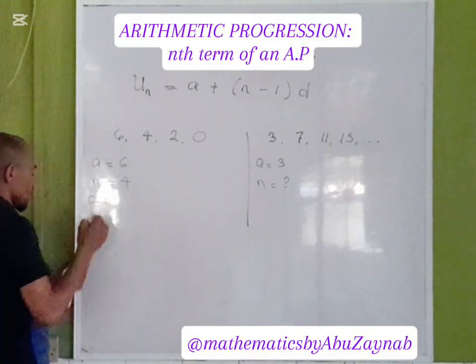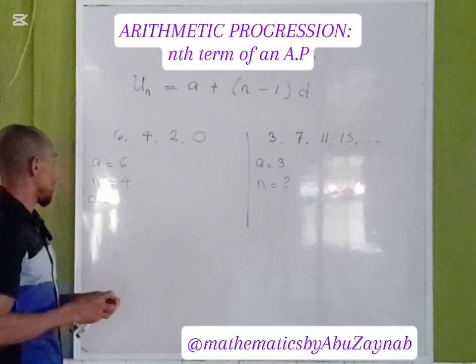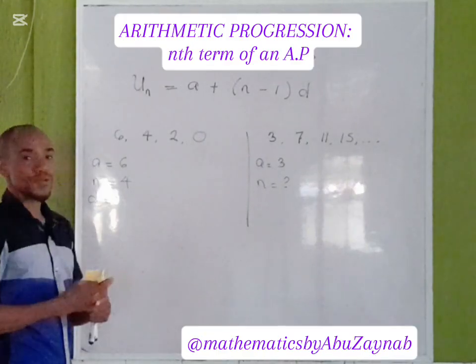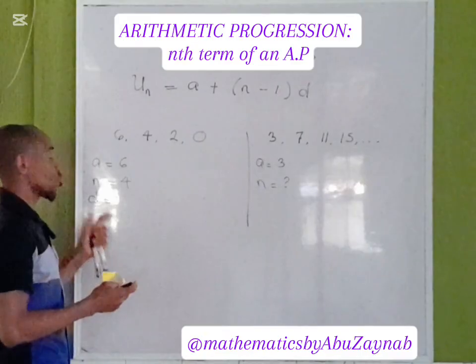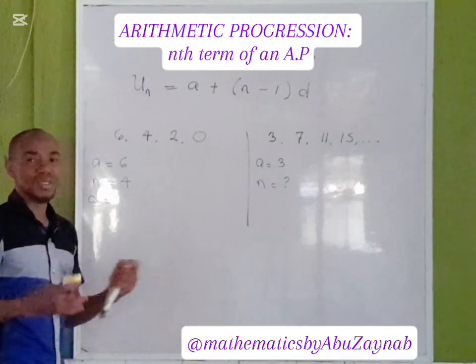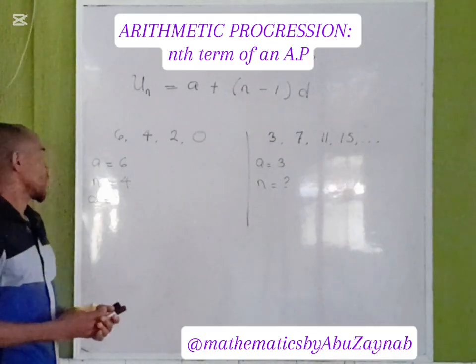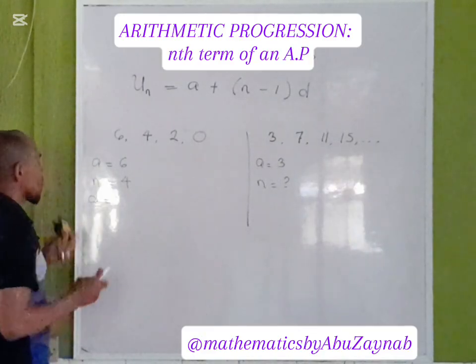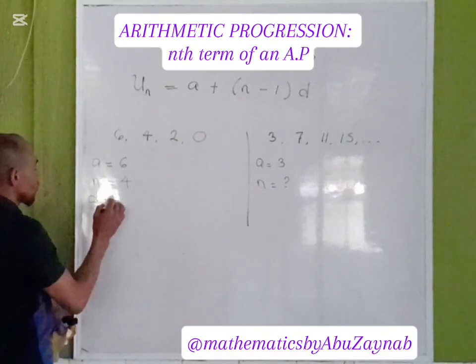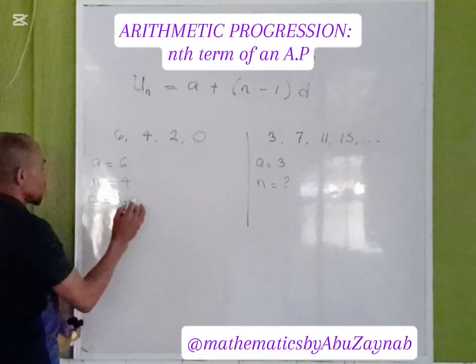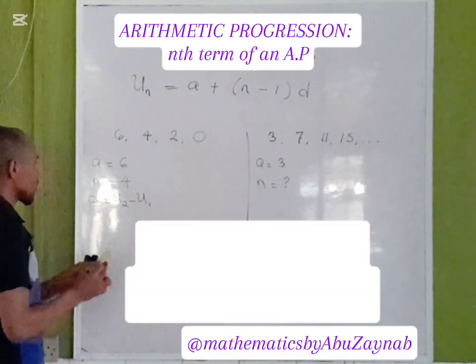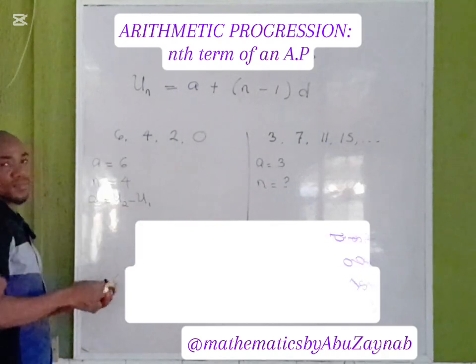d is very important to emphasize here, because oftentimes candidates make a lot of mistakes when it comes to how to obtain d. d stands for common difference, the difference that is common between the successive terms. So for emphasis, to obtain a common difference in an AP, we use the formula U2 minus U1, meaning the second term minus first term.